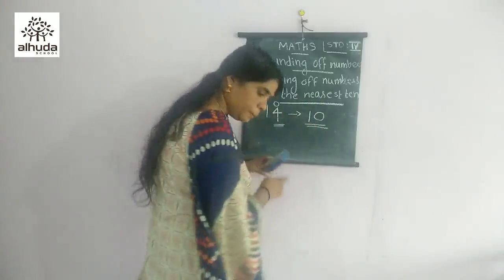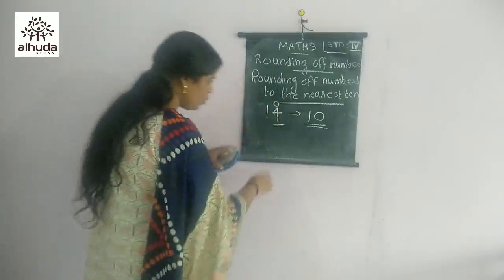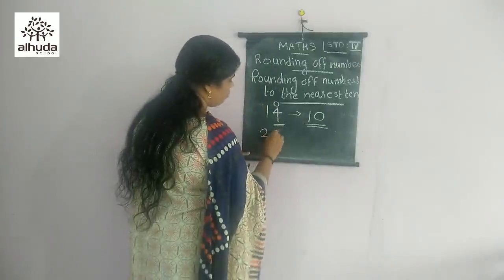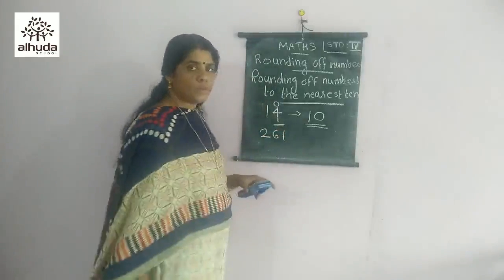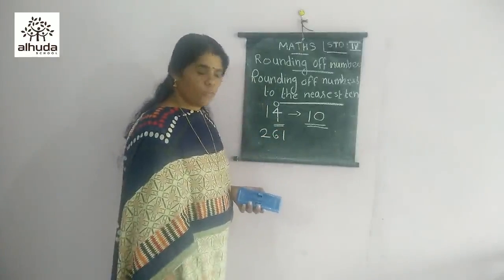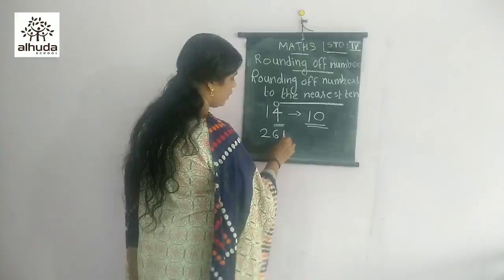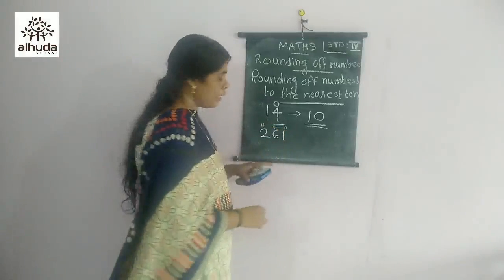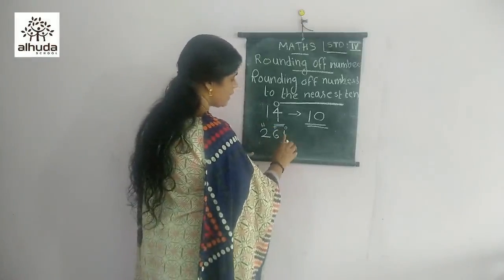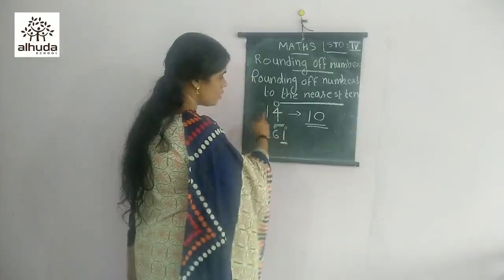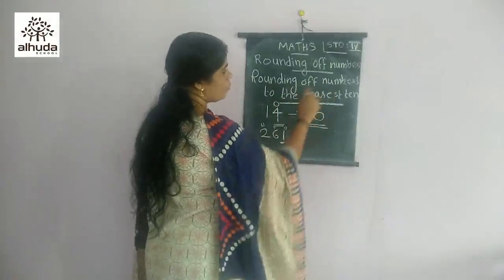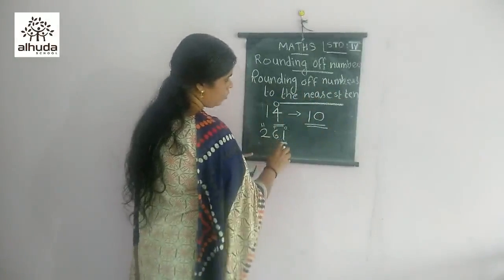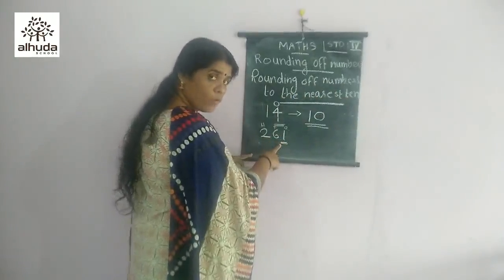Another example, 261. Here look at the ones, tens, hundreds place. Look at the digit in ones place, that is 1. So always, if you are rounding numbers to the nearest 10, you look at the digit in ones place.